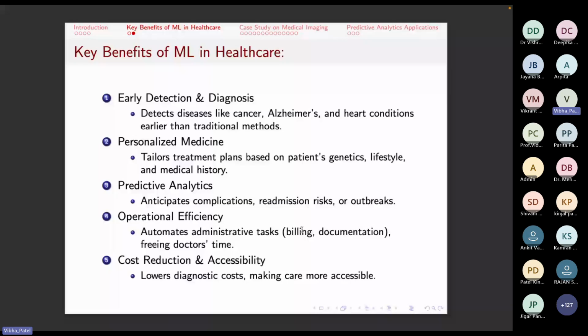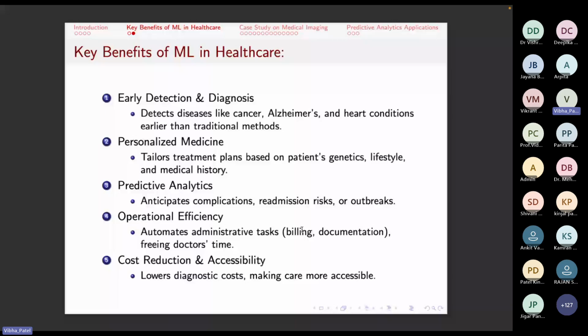Now, apart from the analytics related to the patient, even hospital management tasks could be improved by making use of ML. Operational efficiency can reduce the burden on the clerks and administrative staff within the hospital.